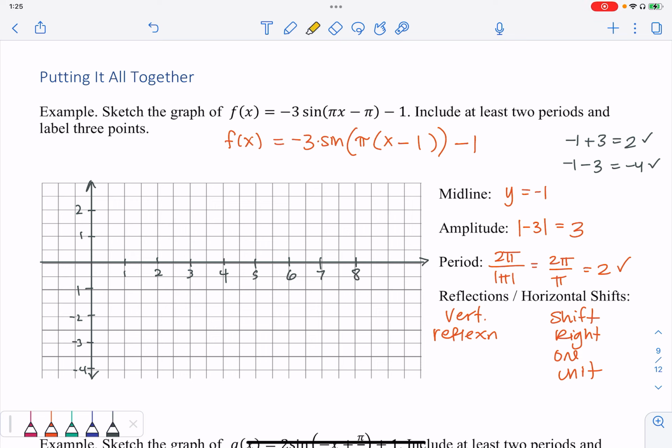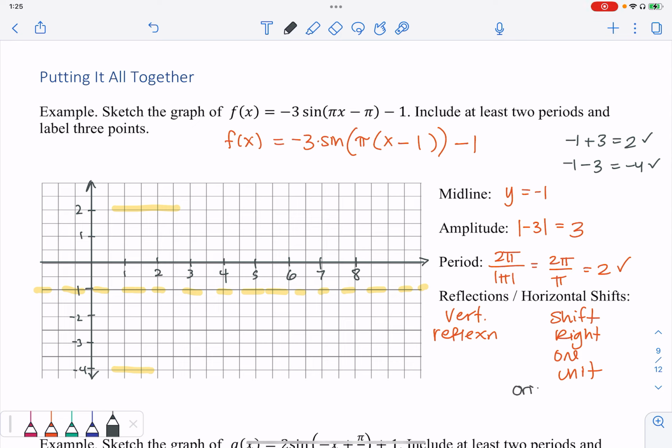So first thing I always draw in is my midline. Okay, and then I know that the top of the box is going to be 3 above that, so like up here, and the bottom of the box will be at 3 below, so down here, because of my amplitude. And then where am I going to start the box? Well, the start of the box needs to start at x equals 1 because I'm shifting the start.